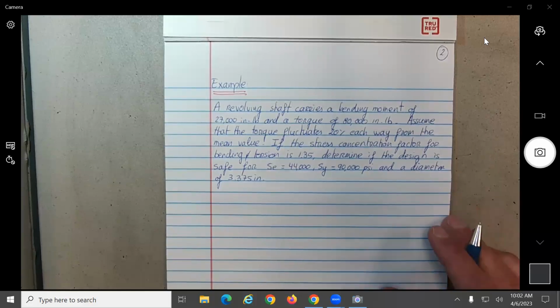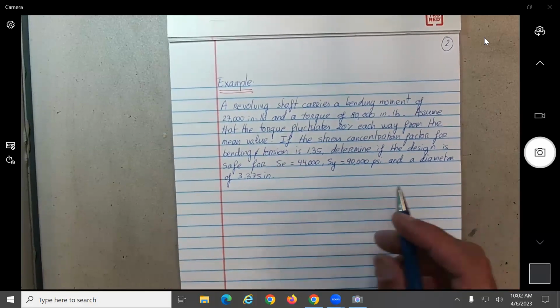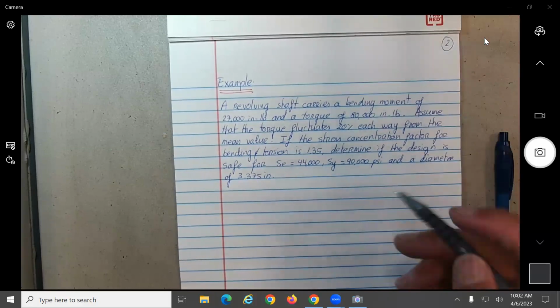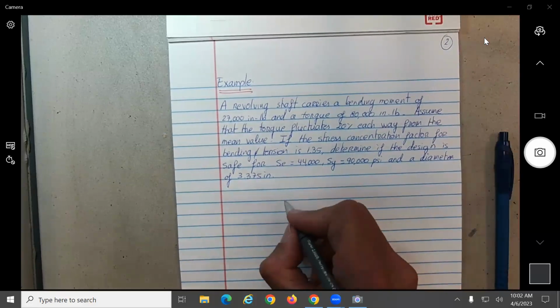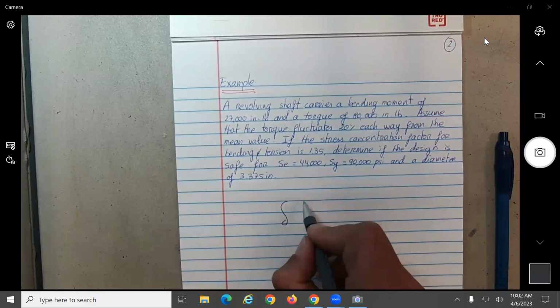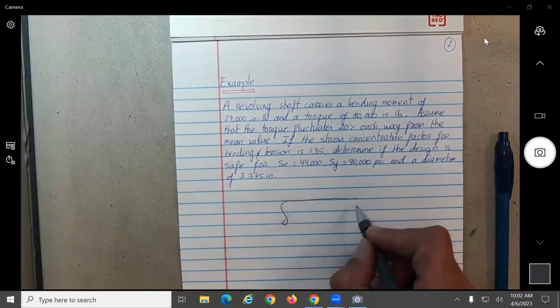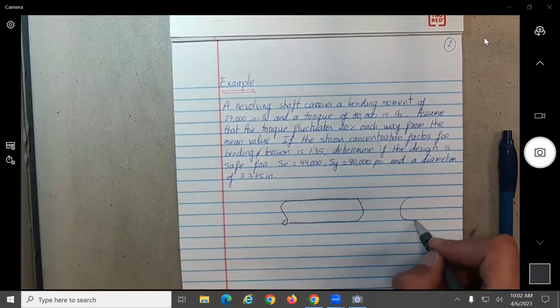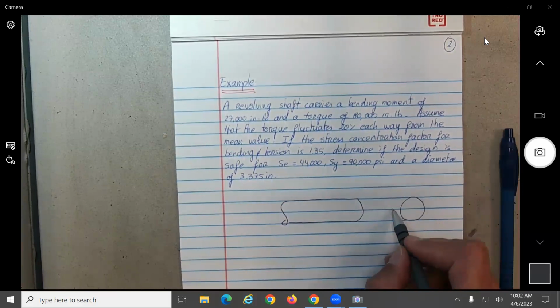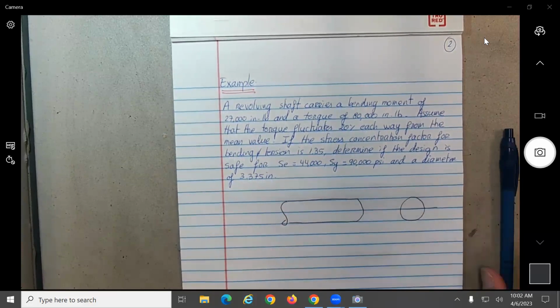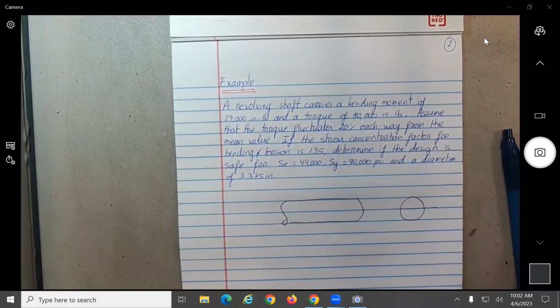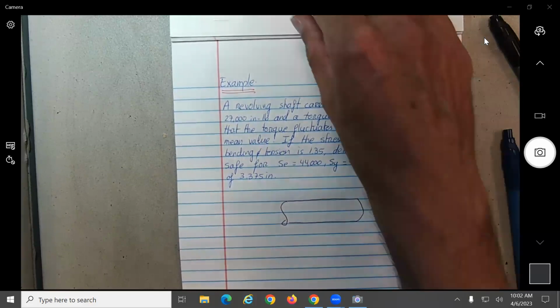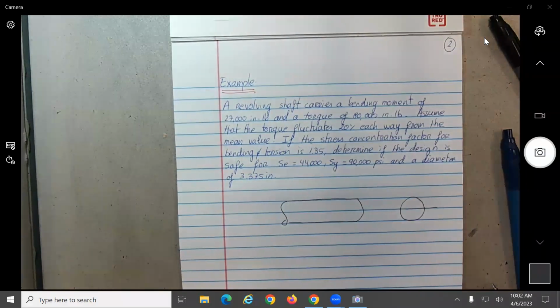Okay, so here I'm going to need your help with the calculation. Always when you read a problem statement, first thing to do is some type of free-body diagram. Let's say we are here, all right. A revolving shaft carries a bending moment.